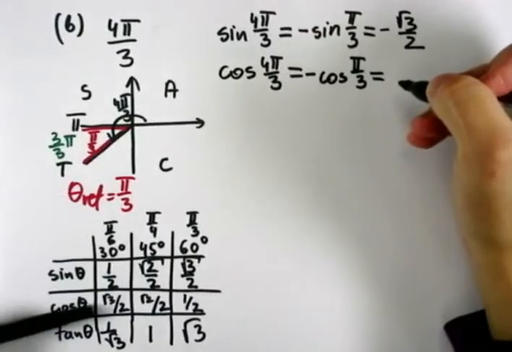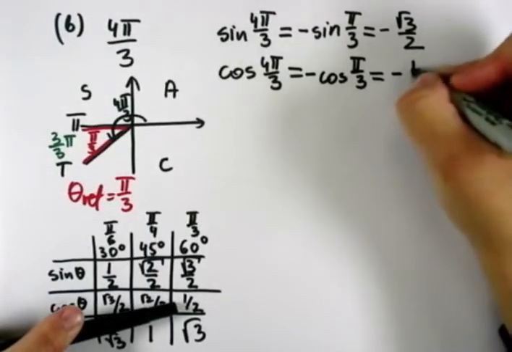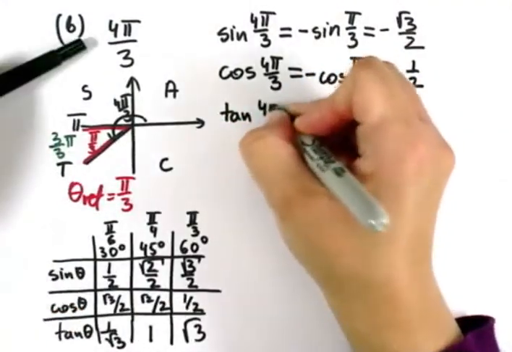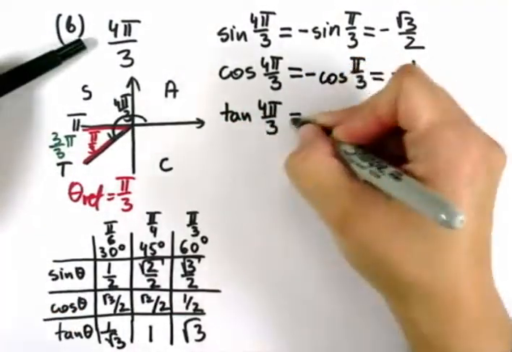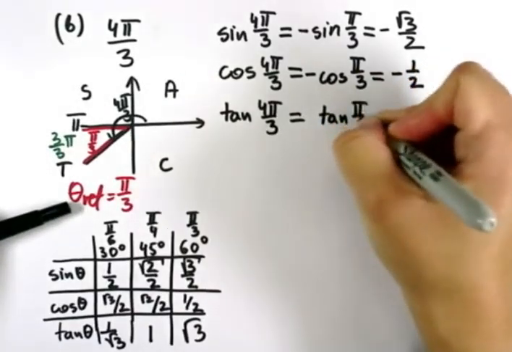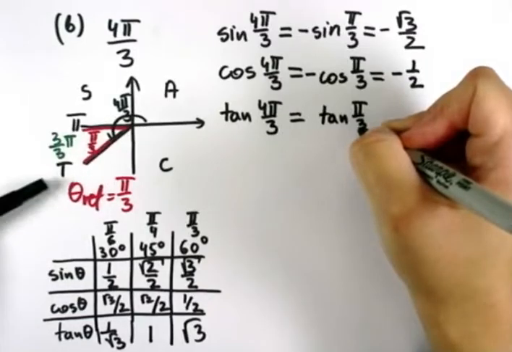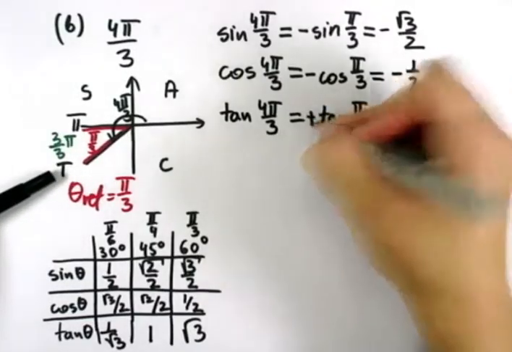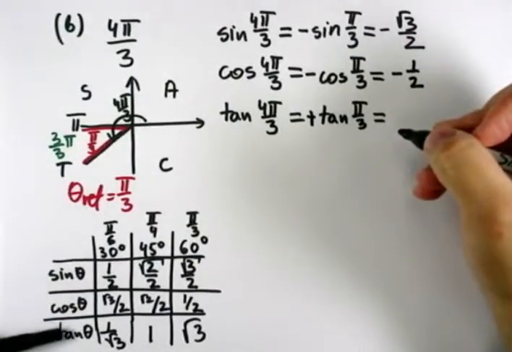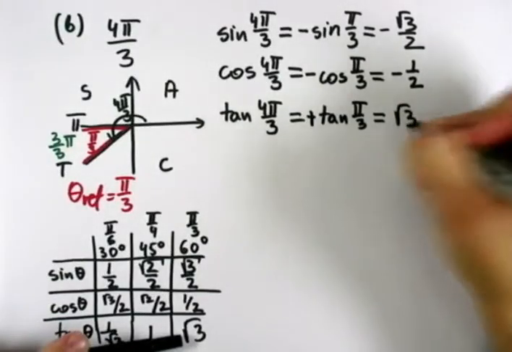So cos pi over 3 is negative 1/2. Tangent 4 pi over 3 is equivalent to the tangent of reference angle, tangent pi over 3. In the third quadrant, only tangent is positive. I'm going to put the plus to make sure. So tangent pi over 3 is root 3.